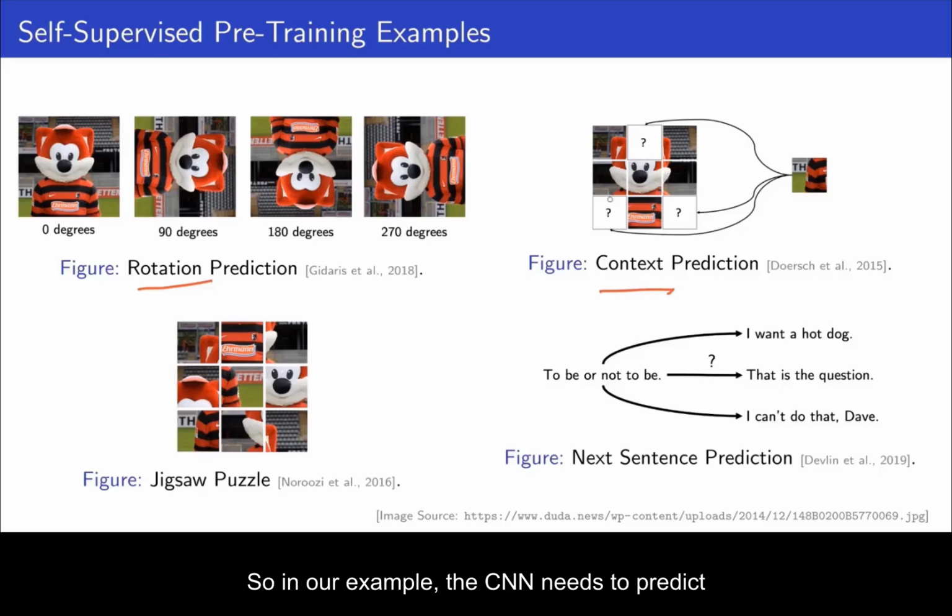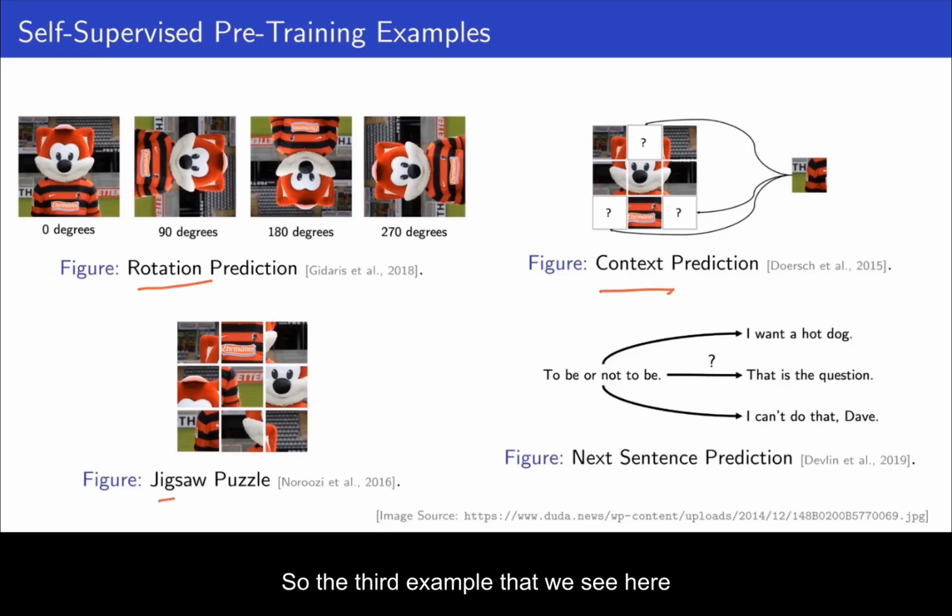So in our example, the CNN needs to predict in which relative position this object's t-shirt is most fitting, and in the same way as for the rotation prediction that we saw before, the network now needs to be able to understand the foreground object to know where these missing parts would belong.